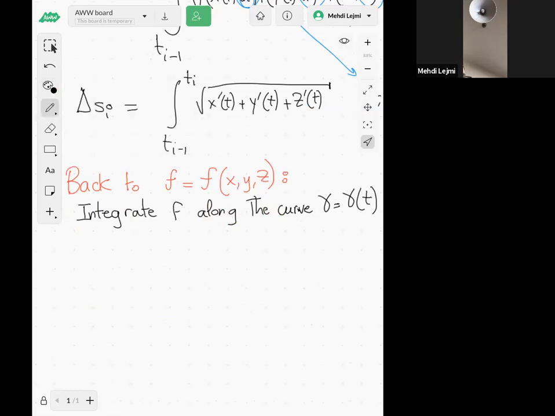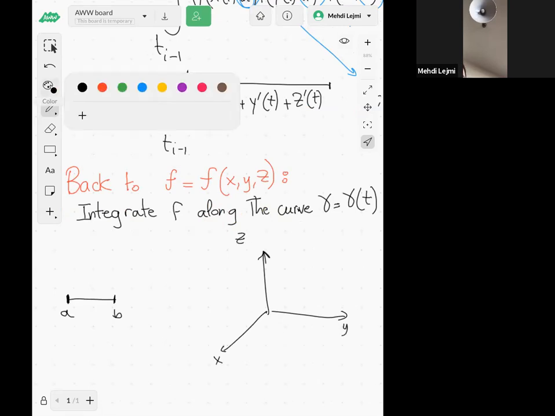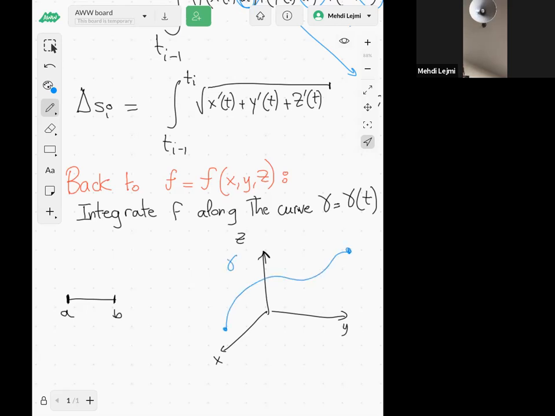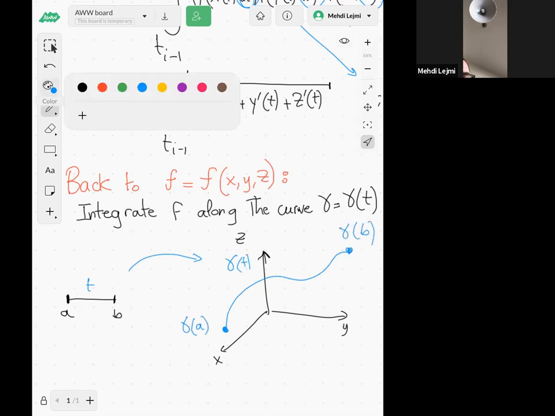Let me just remind you of the picture. Here we have 3 coordinates, x, y, and z, and we have this curve gamma. This is gamma of t. For example, this is gamma of a and this is gamma of b, and we said we divide our curve into small portions.